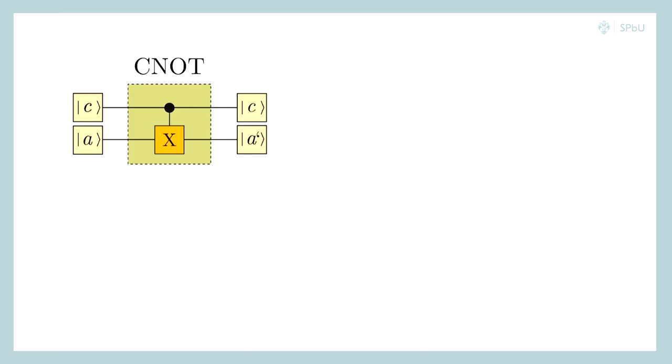Let's now consider the truth table for the CNOT element when two quantum bits C and A are at its input. So we have the bit C in the superposition state of 0 and 1 with complex coefficients alpha and beta.